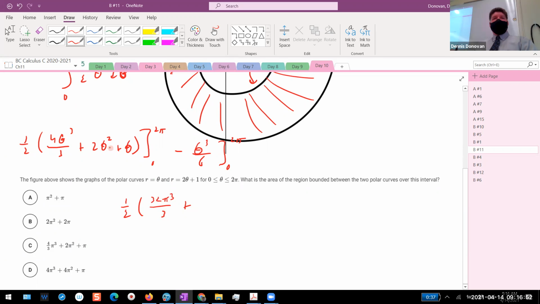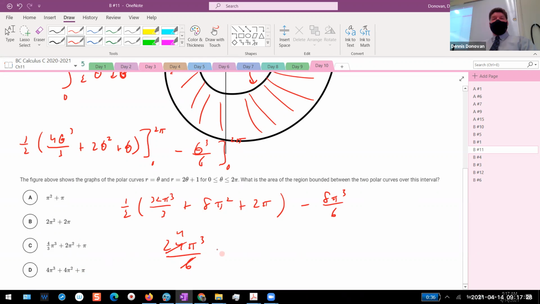Squared is 4 pi squared, so that's 8 pi squared, plus 2 pi. And this is just going to be 8 pi cubed over 6. So that's 32 pi cubed over 3 minus 8 pi cubed over 6, which is 24 pi cubed over 6, which is 4 pi cubed after the half. Okay, so that's leaning towards D.